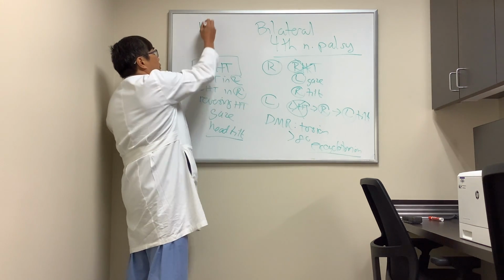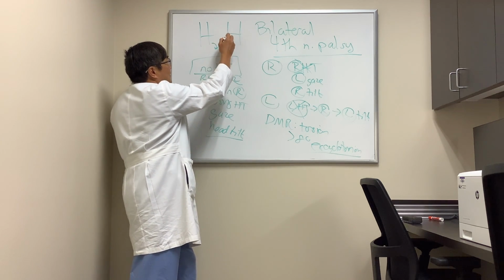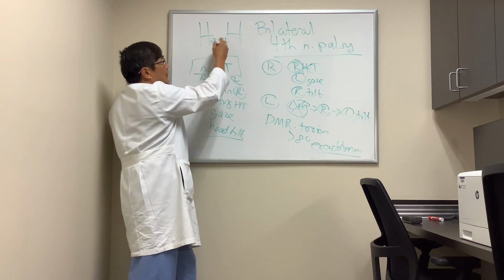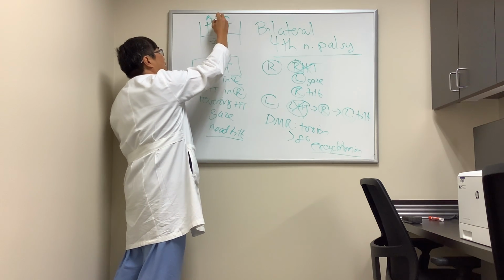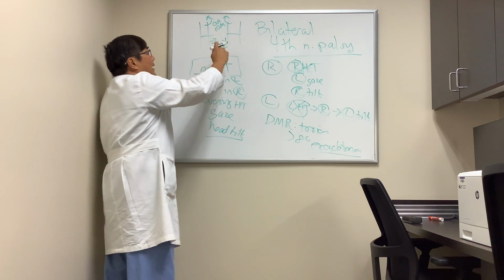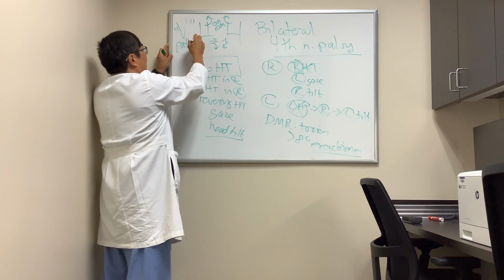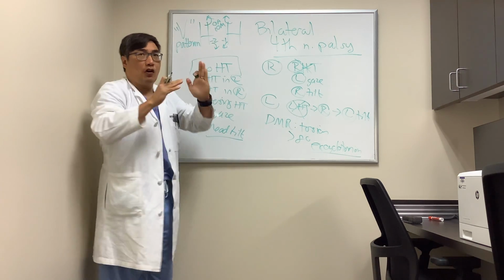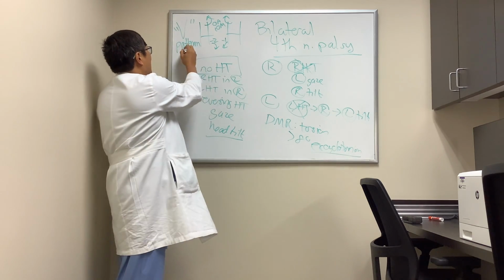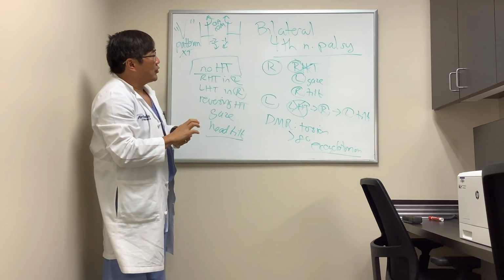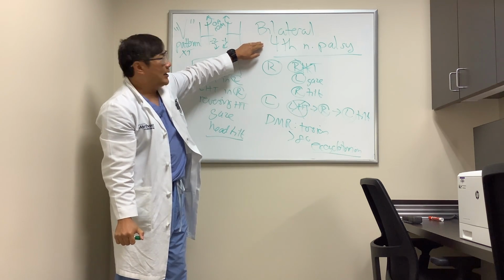In addition, when we're doing the ductions and the versions, so here's the H diagram, we'll have bilateral underaction, -2 or -1 or whatever, of the ipsilateral superior oblique, and there'll be an overaction of the inferior oblique muscle, and that will cause the eye to have a V pattern on the gaze up, because you get this overaction of abduction from the inferior obliques, so it makes a V pattern exotropia in up gaze.